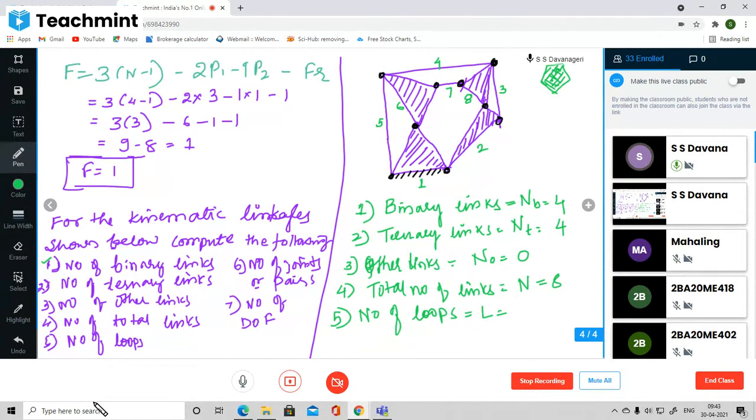Loop means what? Just give me an example. Loop means continuity. Check the continuity of the links which are related to each other, which are connected to one another.